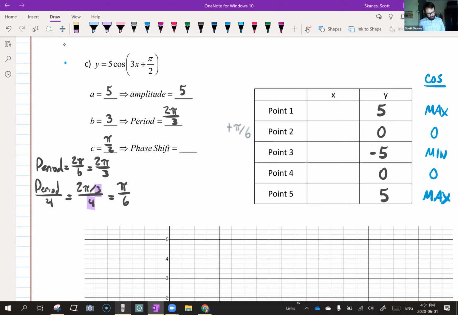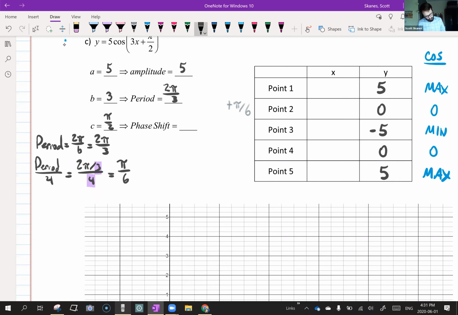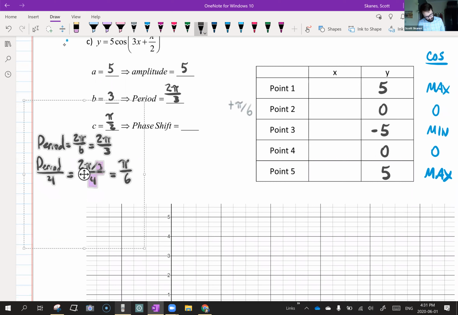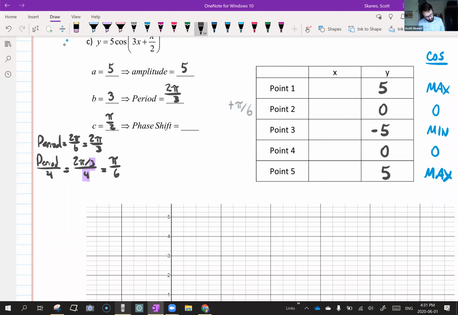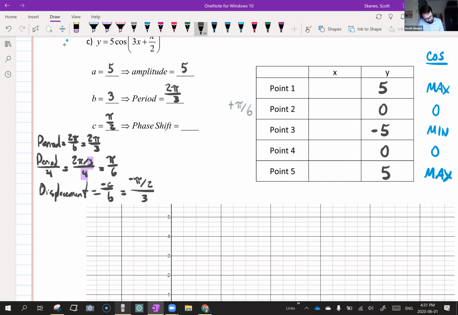I just need my phase shift now. Let me just move this up a little bit for space. Displacement. Displacement is negative C over B, same as always. And again, displacement is phase shift. Negative C is negative pi over 2. B is 3.